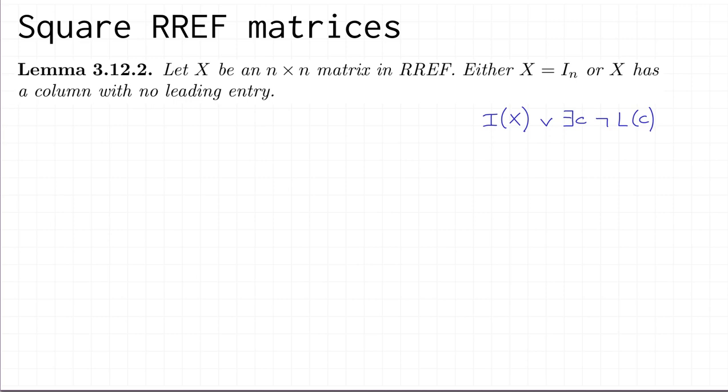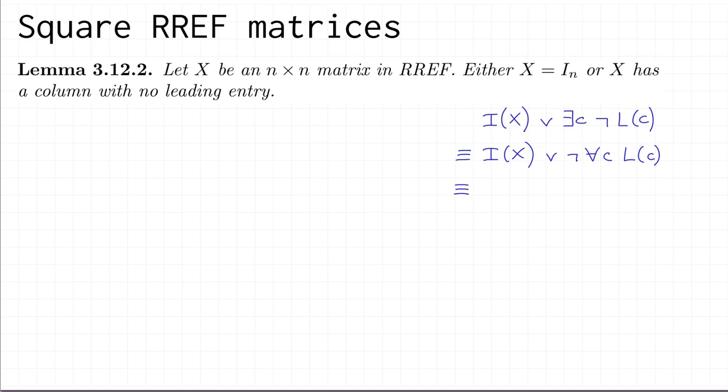So we want to show that either X is the identity or there exists a column which does not contain a leading entry. And you know some logical equivalences involving negation and there exists. So you should be able to remember there is an important logical equivalence which says that this is logically equivalent to, it's not the case that for all C, L of C. So there we have another OR statement where it's something or not something else.